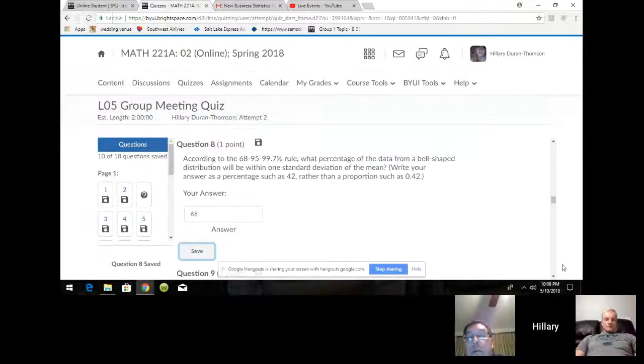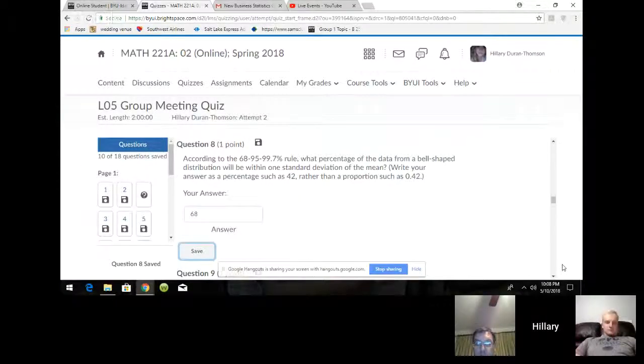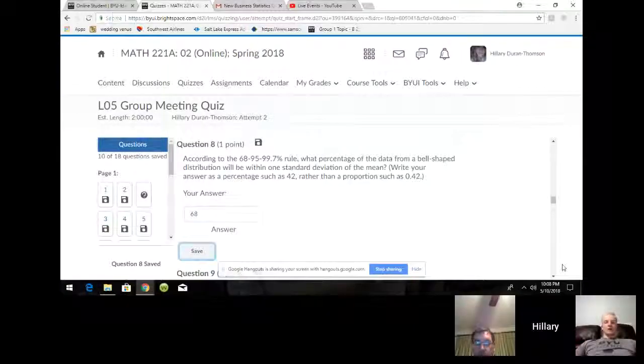Okay, so I got 68 for A. What did you get? What percentage of the data of the bell-shaped distribution? That's when we had to do the calculation, right? Let me see. For me, it was just as simple as Googling or reading what is the 68, 95, 99.7 rule, and it says right in the text that 68% of all values fall within one standard deviation of the mean.